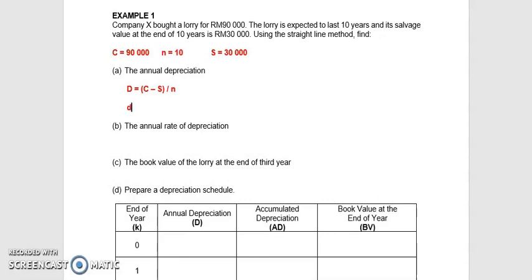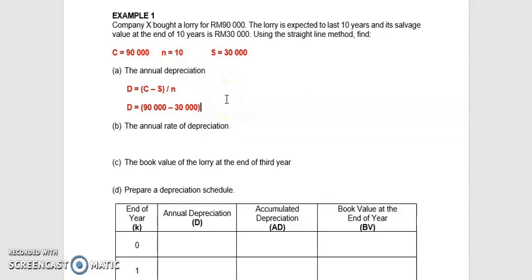So D equals cost, 90,000, minus scrap value, 30,000. This one is actually the total depreciation, okay? So 90,000 minus 30,000 is 60,000. For 10 years, it depreciates by 60,000.